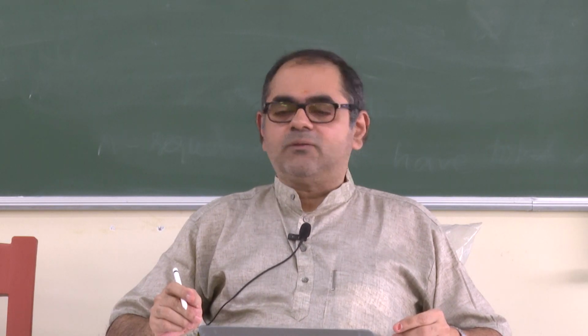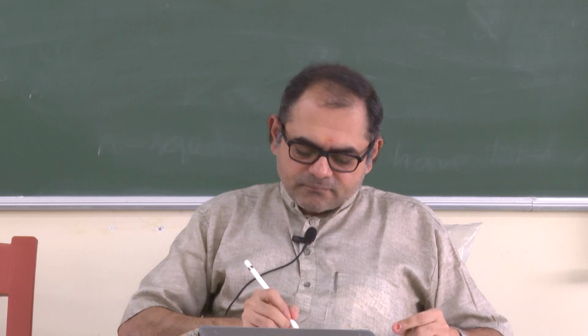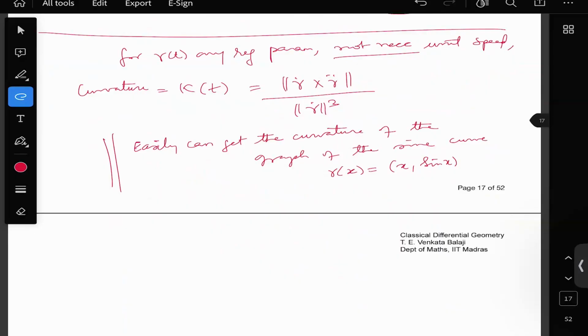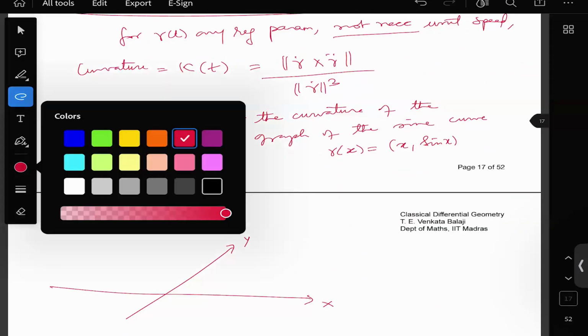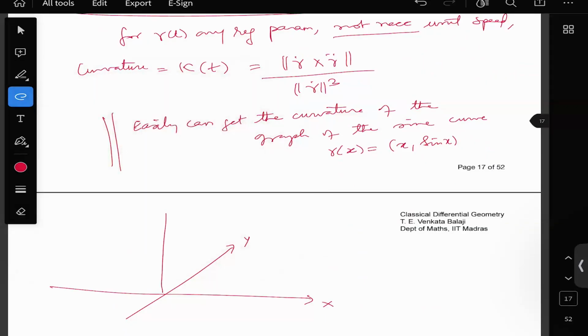So as a particular example, let me compute the curvature of a helix. Okay, so it's a very simple example. The situation is like this: this is your x, this is your y, I mean this is your xy plane, and then this is, let's say, the z axis.